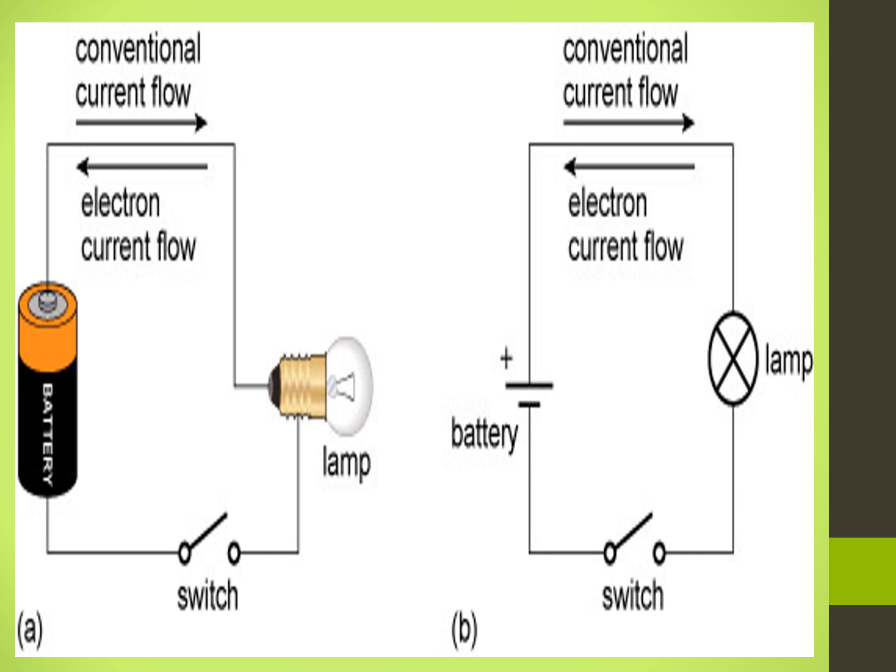Everybody see the picture. Conventional current flow. There is a battery with a positive electrode, and movement of ions in the electrolyte, and flow of electrons around the outer circuit.